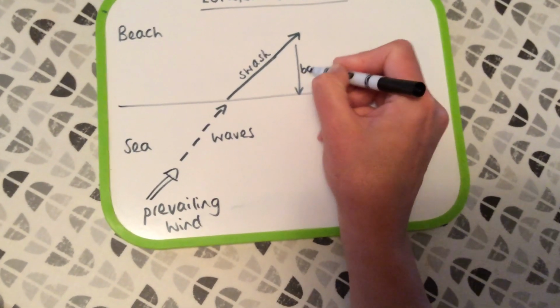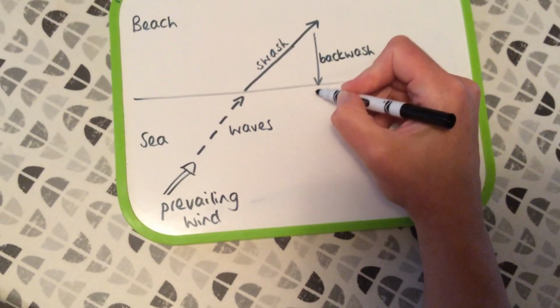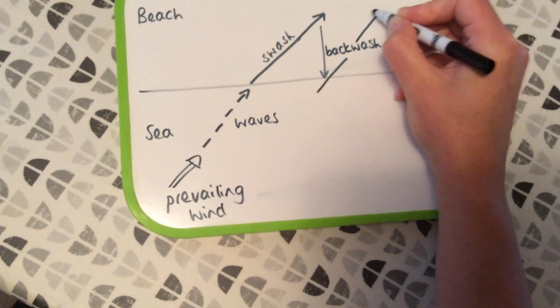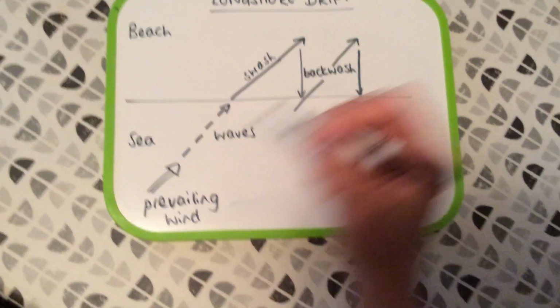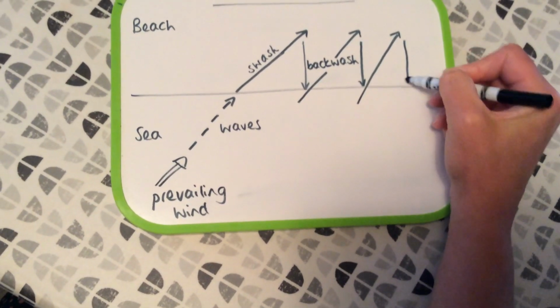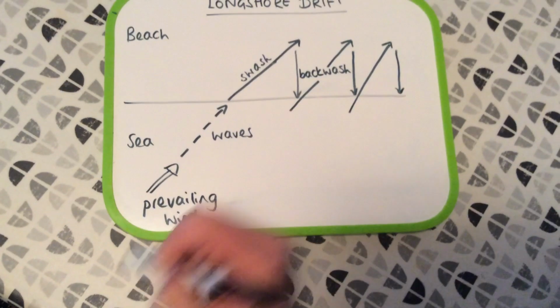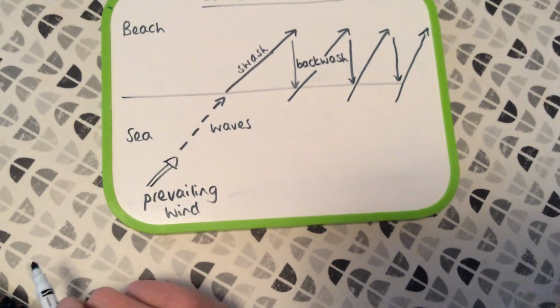This is the backwash. And then the next wave comes in, and it comes in like this, the swash, and the backwash goes out like this. And then again, the swash comes in, and the backwash goes out like this. And the next one, the swash comes in, and so on.